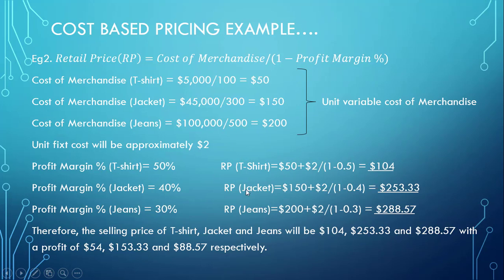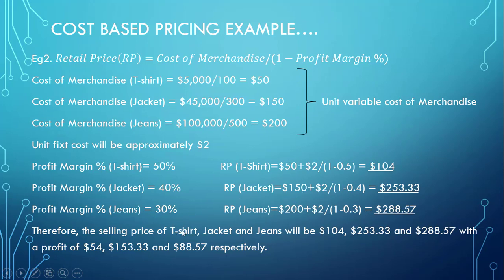For the jacket, the same formula and the same concepts, you are going to sell for $253.33. For jeans, you are going to sell it for $288.57. So this will be the retail price of the merchandise or the products.